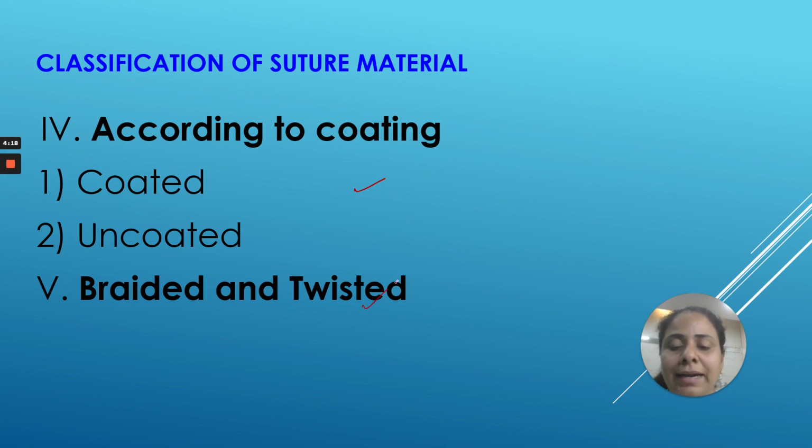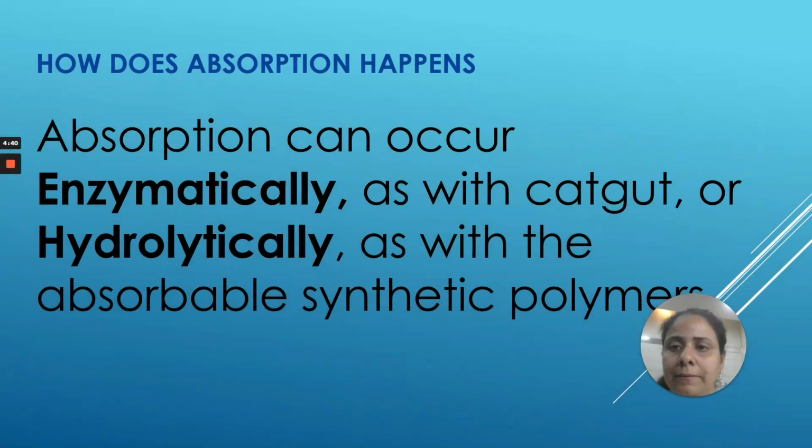And then braided and twisted: either they are twisted like a rope or they are braided. So you just remember it. Mostly we use synthetic sutures, mono or multifilament, and resorbable or non-resorbable, that is your choice.